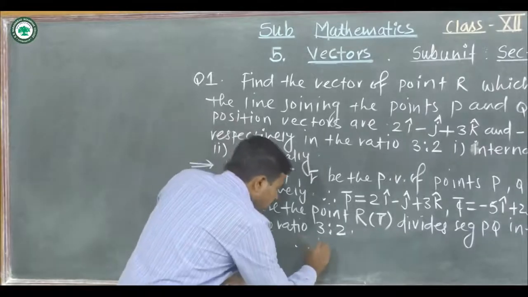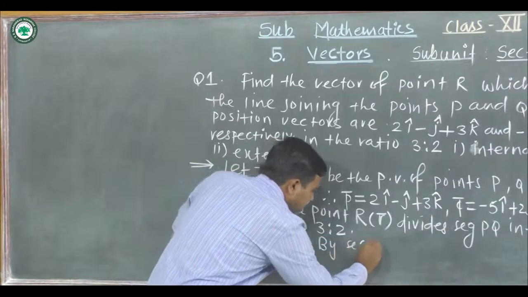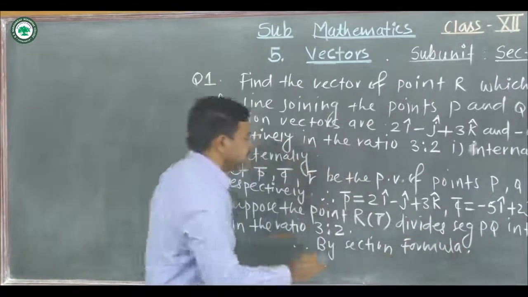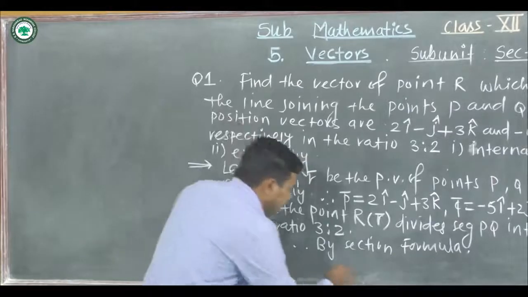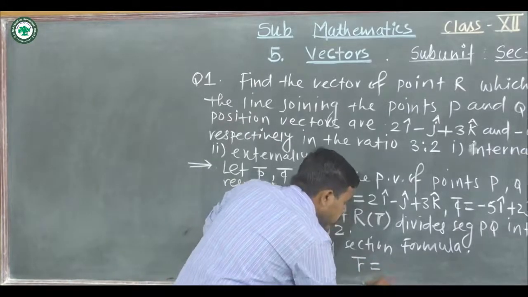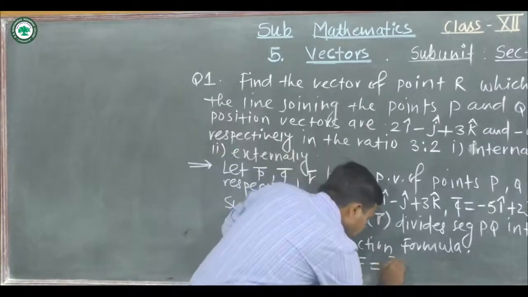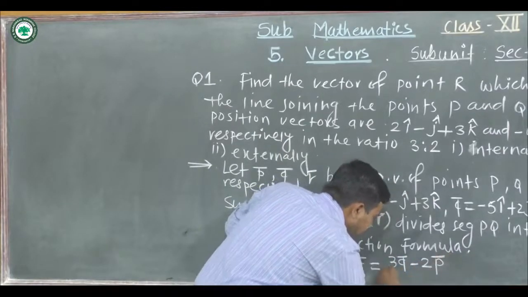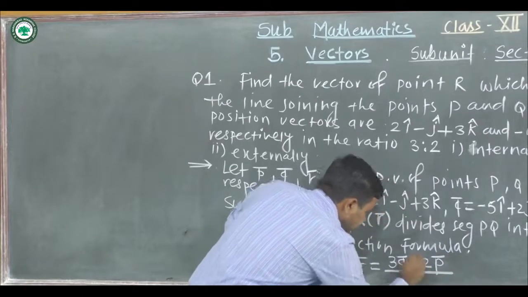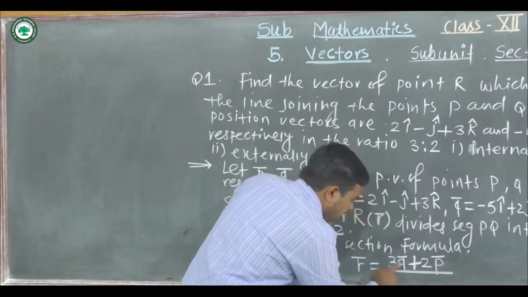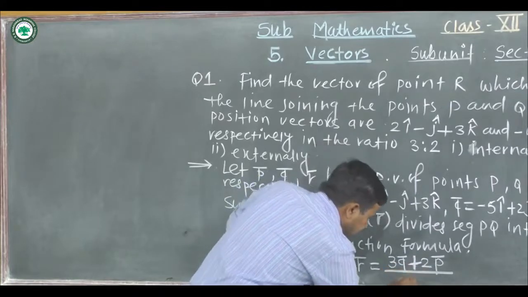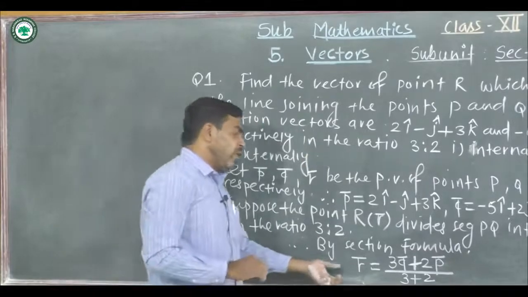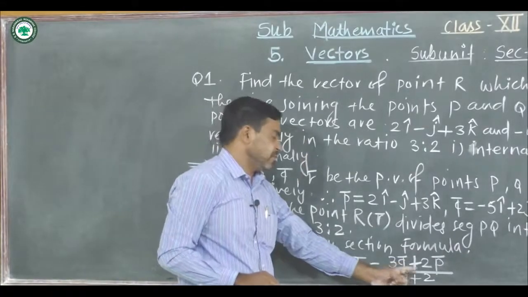So therefore by section formula, r bar is equal to 3 into q bar plus 2 into p bar divided by 3 plus 2. See, this is section formula for internal division, so it is plus here.